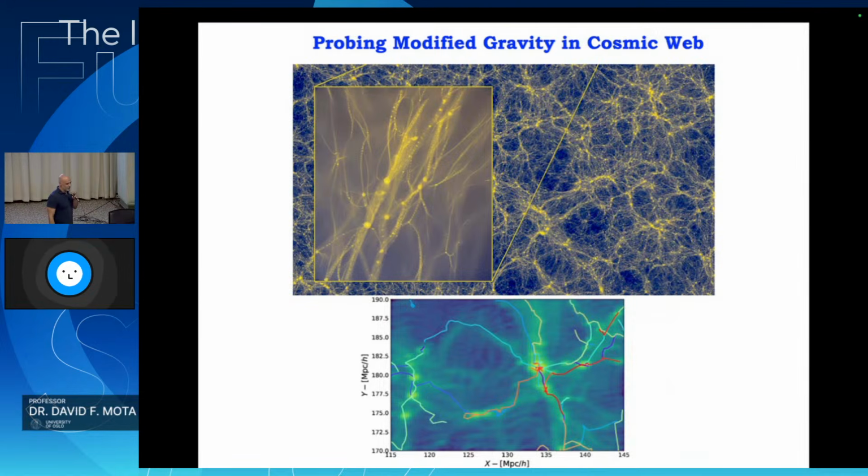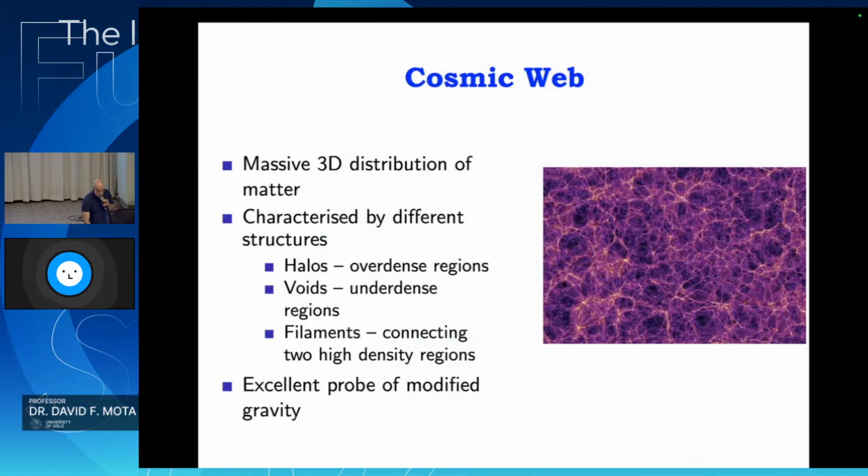Which is probing modified theories of gravity with the cosmic web. So the cosmic web basically is just the distribution of matter in our universe. When you look at matter in our universe, there are different structures. We have halos, basically galaxy clusters or dark matter halos, which are overdense regions.